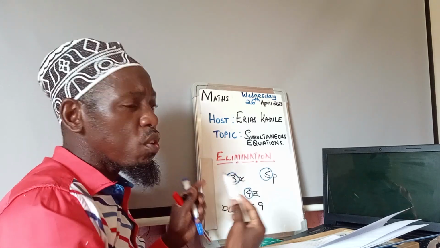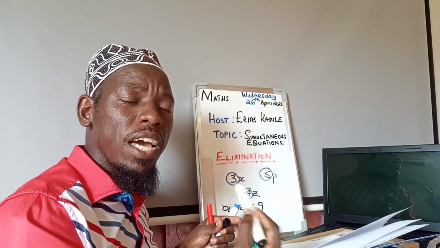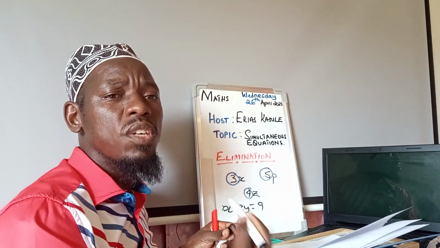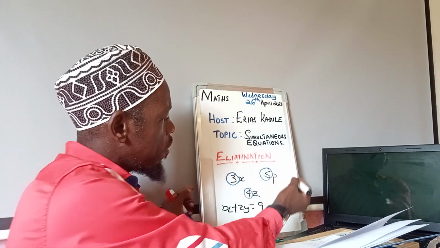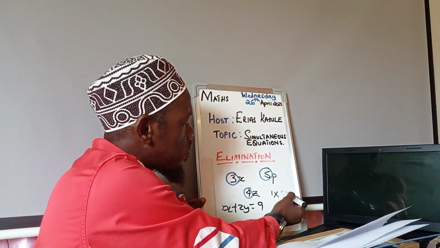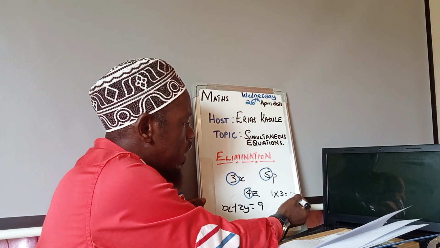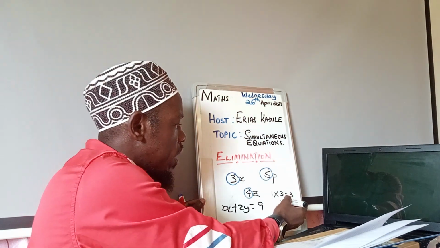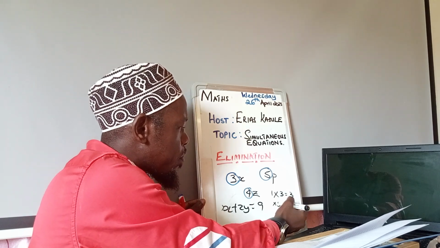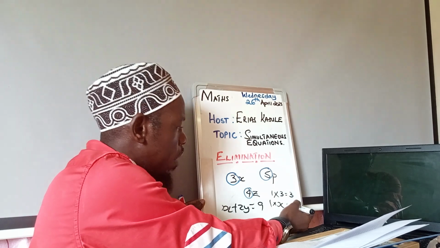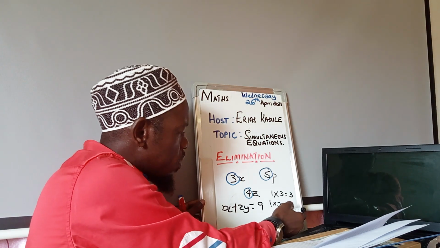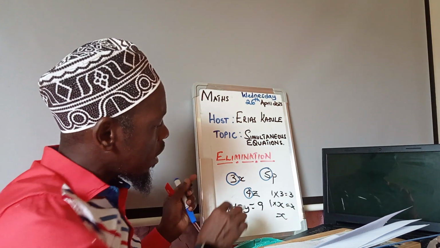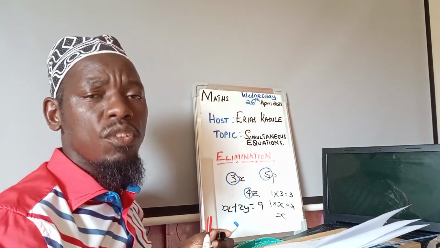Why? Because 1 multiplied by any number is always that number. If I say 1 times 3, our answer is going to be 3. So x multiplied by 1 gives x, so when you write x, the coefficient there is 1.